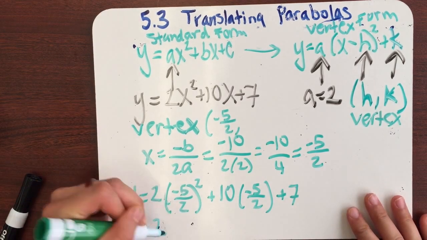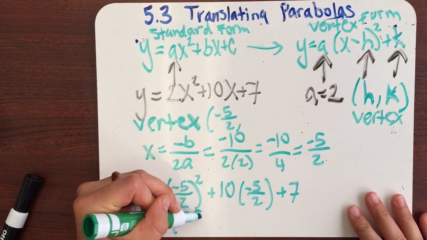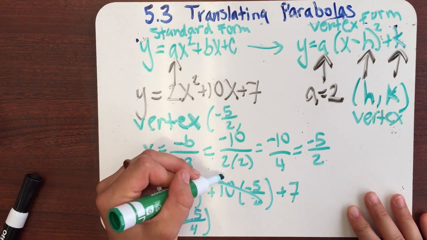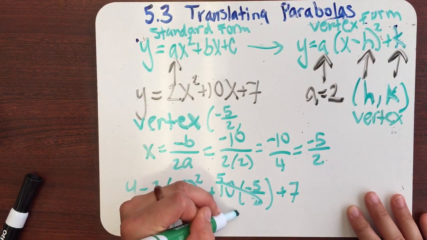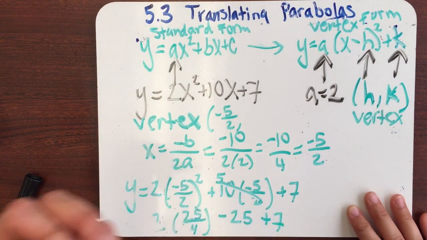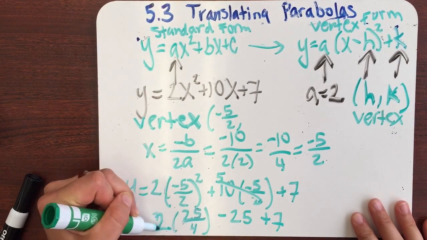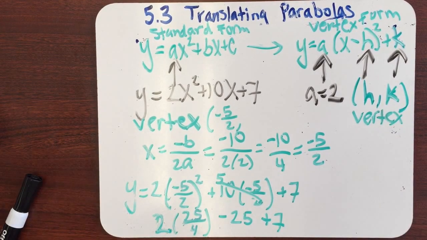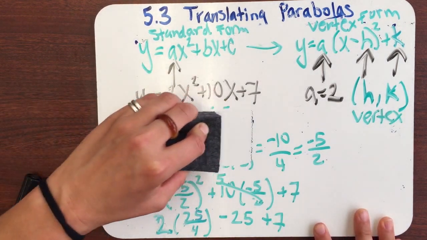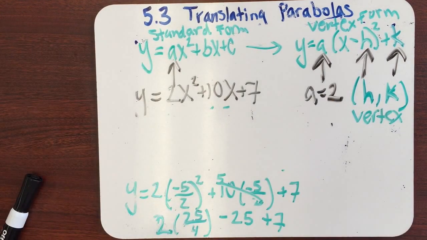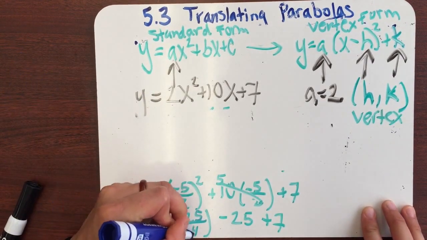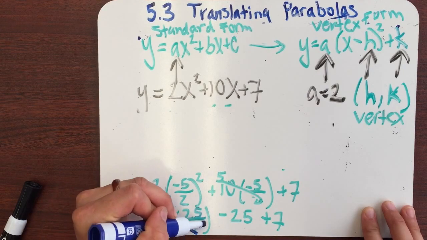So we have 2 times 25 over 4. 10 over 2 is a 5, so 5 times negative 5 is negative 25, plus 7. Okay, I'm going to just erase this here so we can continue with that. I'm just going to rewrite this, but canceling out this right here. 2 over 4 is a 2.